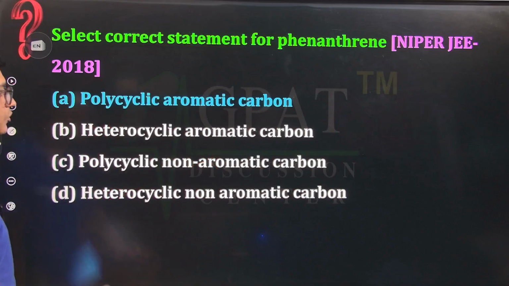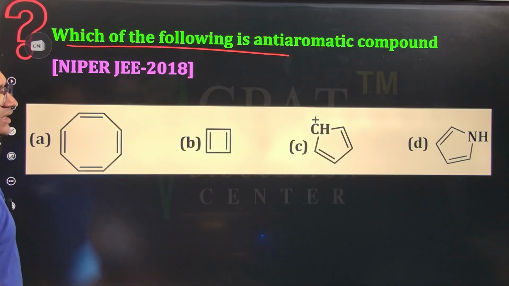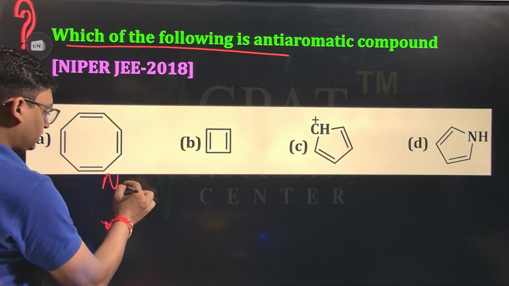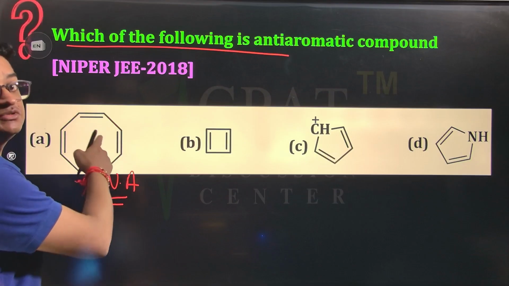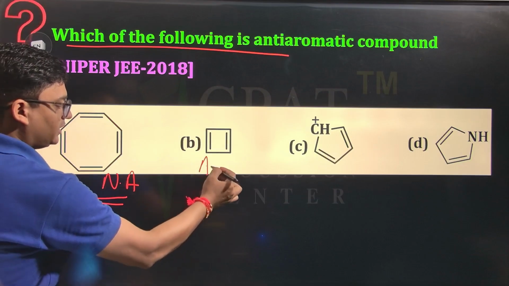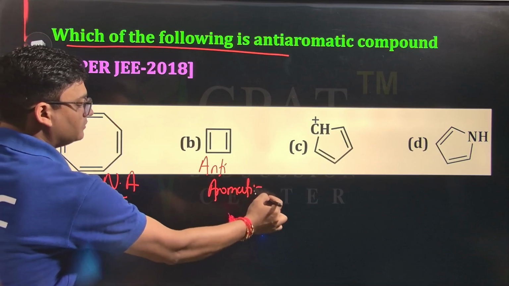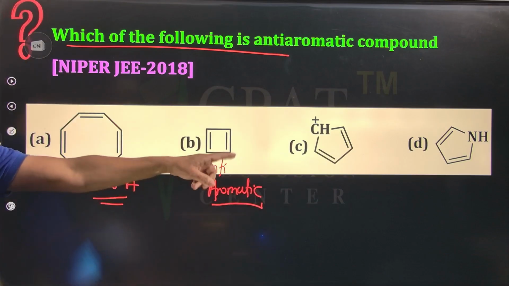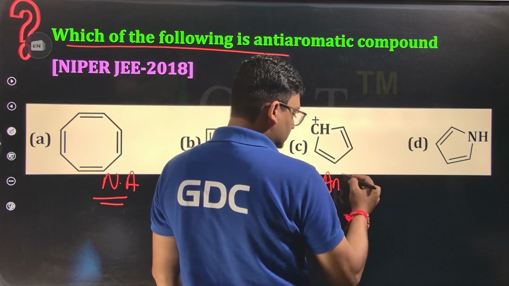That is polycyclic aromatic. Which of the following is an anti-aromatic compound? So this is non-aromatic. Cyclooctatetraene, in a non-planar tub-shaped geometry, is non-aromatic. This will be anti-aromatic, this will be anti-aromatic, CpCe.